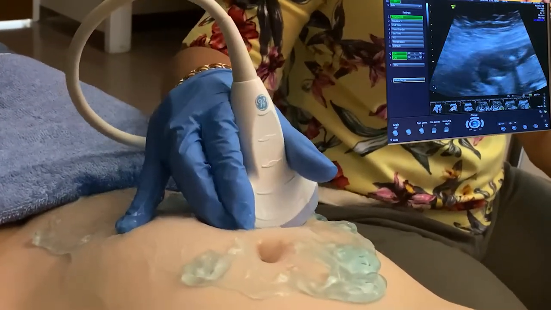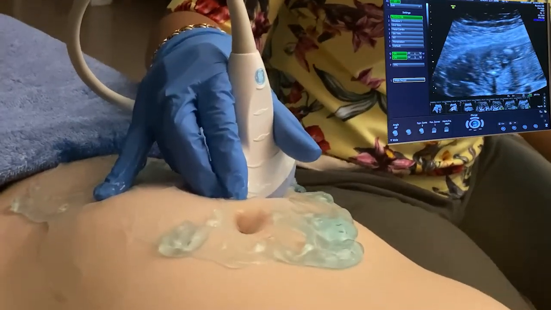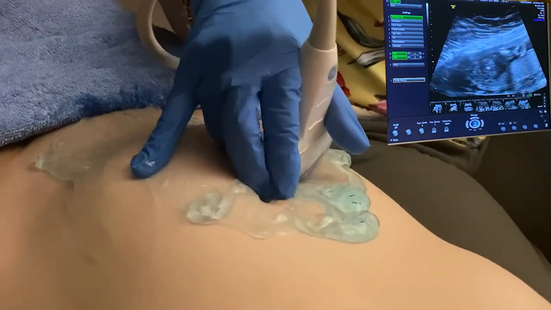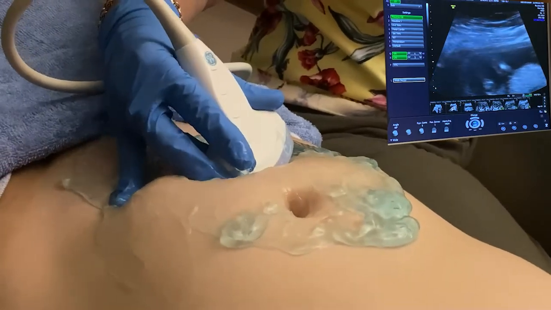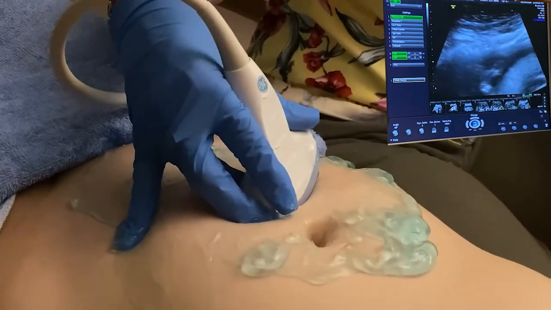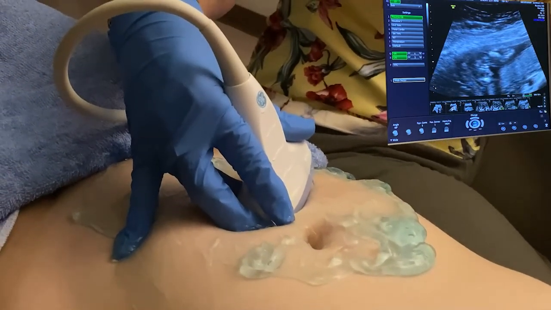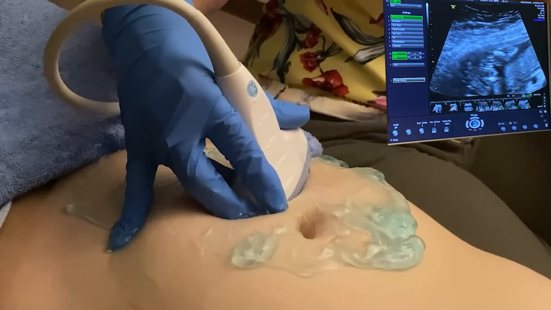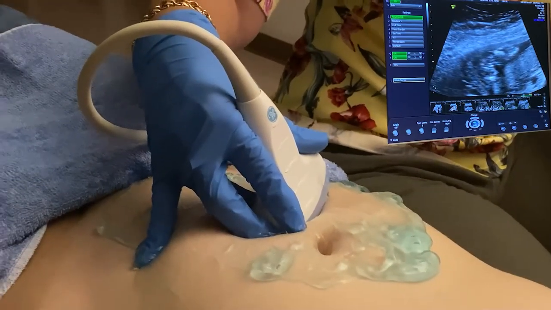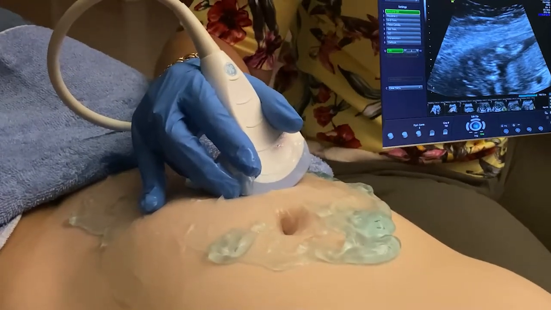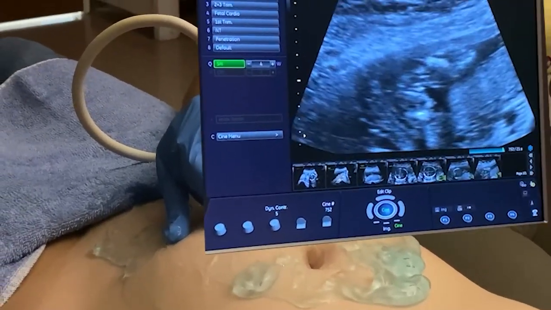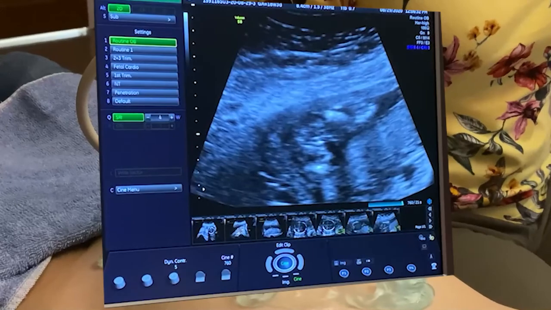Now, while we're down here, a fun note is looking at fetal gender. At 18 weeks, and this baby's legs are a little closed, but we can see the external labia. Just be very careful because babies do have hypospadias and can also have this appearance.